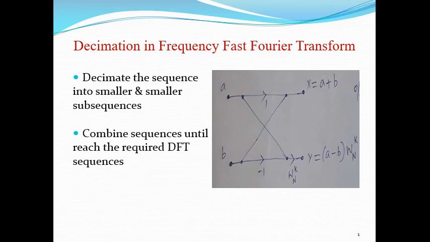This algorithm can also be carried out using the basic butterfly diagram. This computation involves two inputs A and B and the corresponding outputs x and y. Here also the twiddle factor value is involved in this computation.